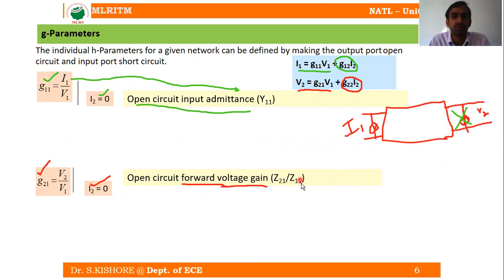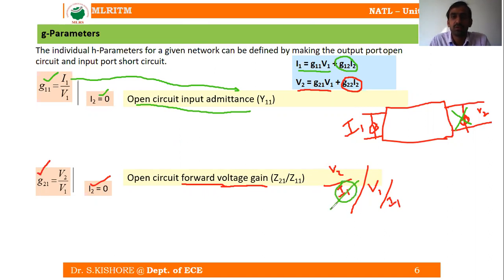If we divide these two, obviously we are going to have V2 by V1. So Z21 divided by Z11 is V2 by I1 divided by V1 by I1.